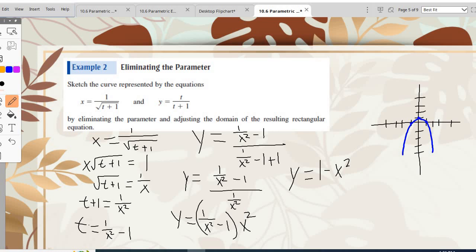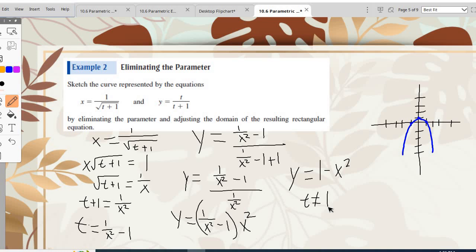Now, looking at our original equations, do these have any restrictions? For our t value. So on our first one, t can't be -1, except for y. What about the first one? What are we not allowed to have underneath radicals?